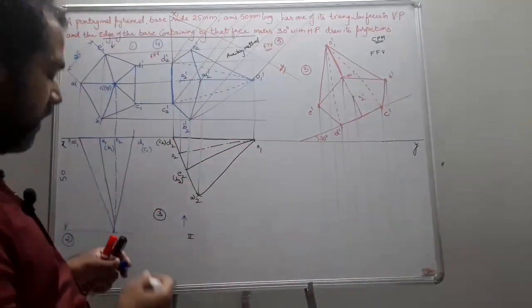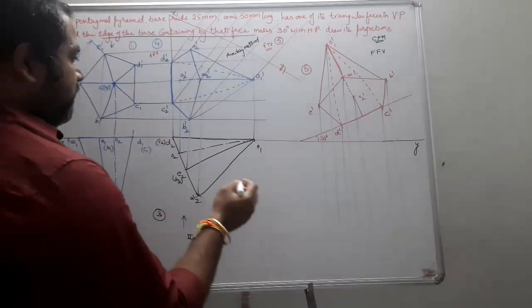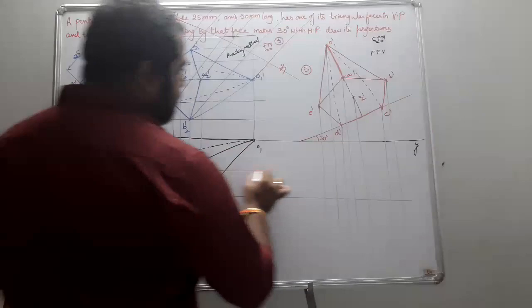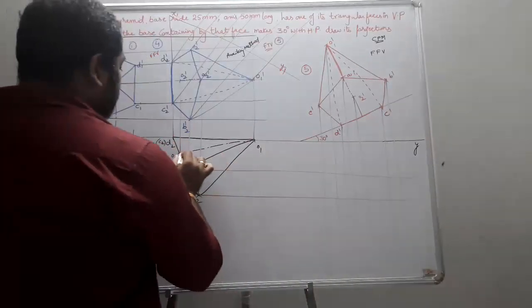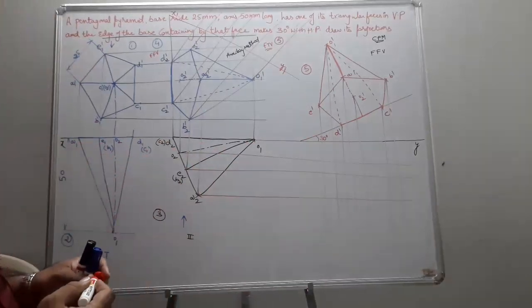Okay, and draw the horizontals from the previous top view. And mark the intersection points.